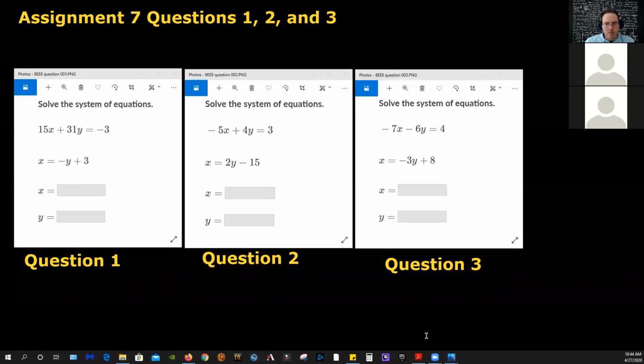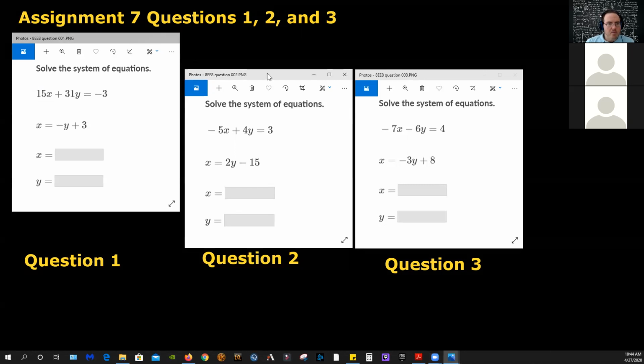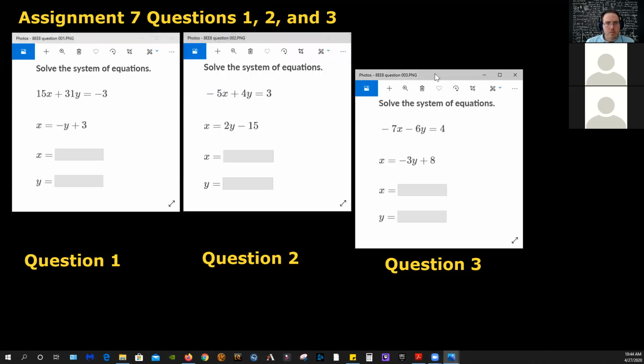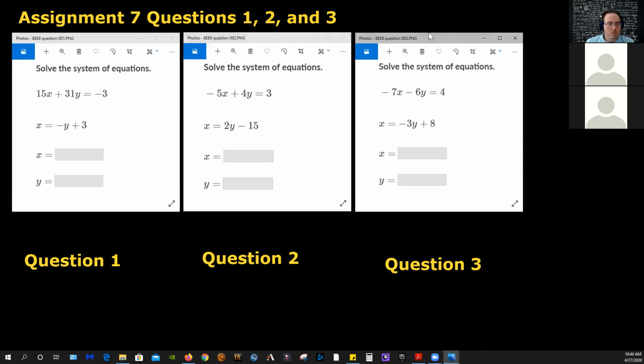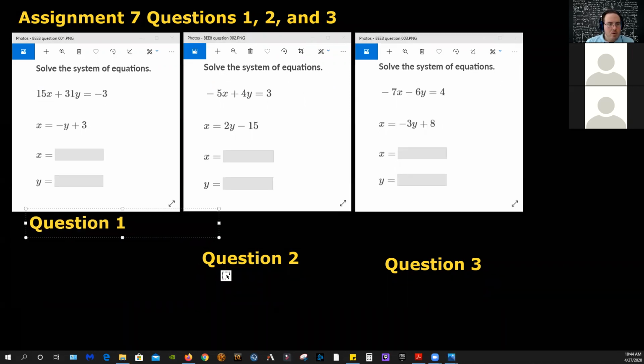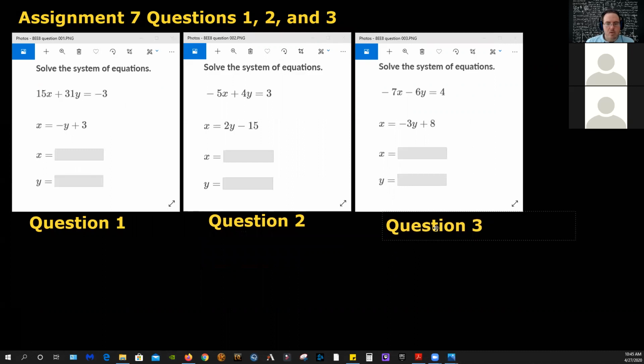So, your job right now, if you want to solve these correctly, let me see if I can give you some last minute tips. So this is question 1, this is question 2, and this is question 3. And you'll notice on your answer document, you need to just give me the correct X and Y value. So what you're getting is the solution. You're trying to find out where these things crisscross. That's what you're doing.